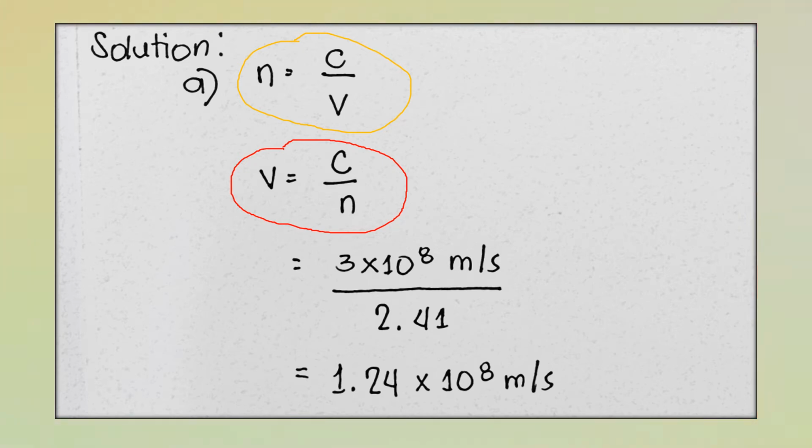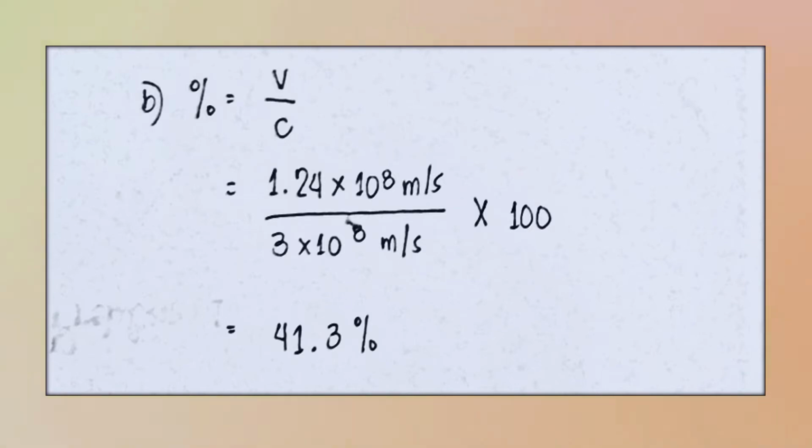For the speed of light, that's 3 times 10 raised to 8 meters per second, and for the value of n, it's 2.41. So 3 times 10 raised to 8 meters per second divided by 2.41 is equal to 1.24 times 10 raised to 8 meters per second. So the speed of light in diamond is 1.24 times 10 raised to 8 meters per second.